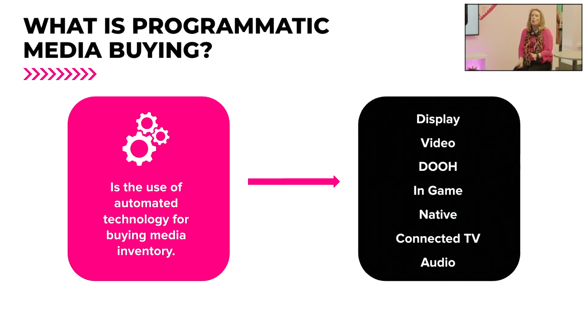That's obviously become more widely used, but when we look at programmatic activation, it's typically formats such as display and video, which we're generally more comfortable with, but also includes digital out of home, in-game, native, connected TV, and audio as well. So programmatic is more than just your video and display. It can mean that we activate across a variety of different formats.